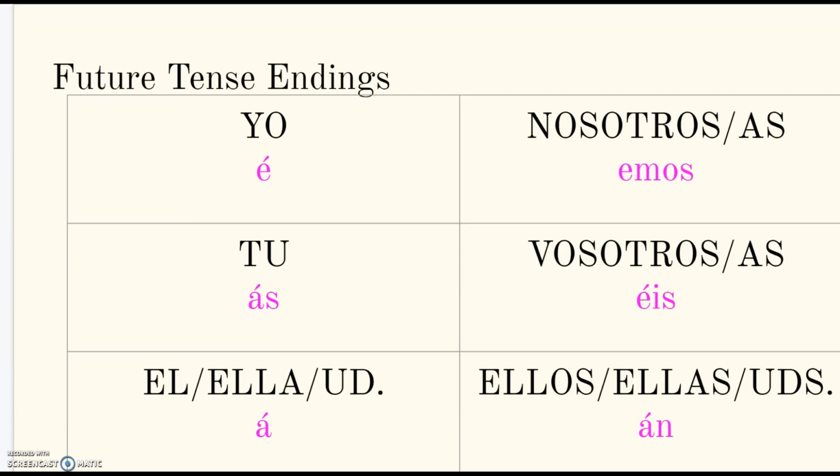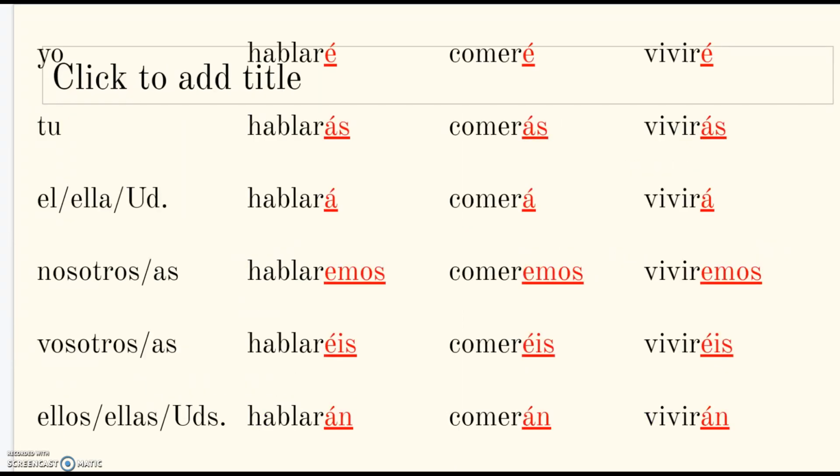Okay, I know that was quick, but like I said, should be fairly simple. And what you have should look similar to this. You should have hablaré, hablarás, hablará, hablaremos, hablaréis, hablarán. Same set of endings in the same place 3 times.